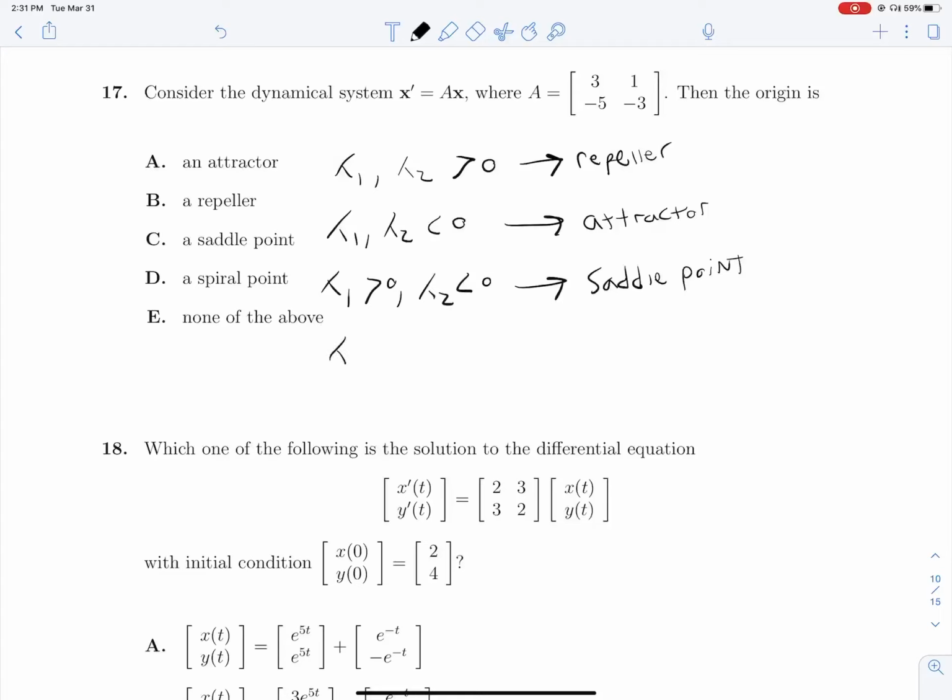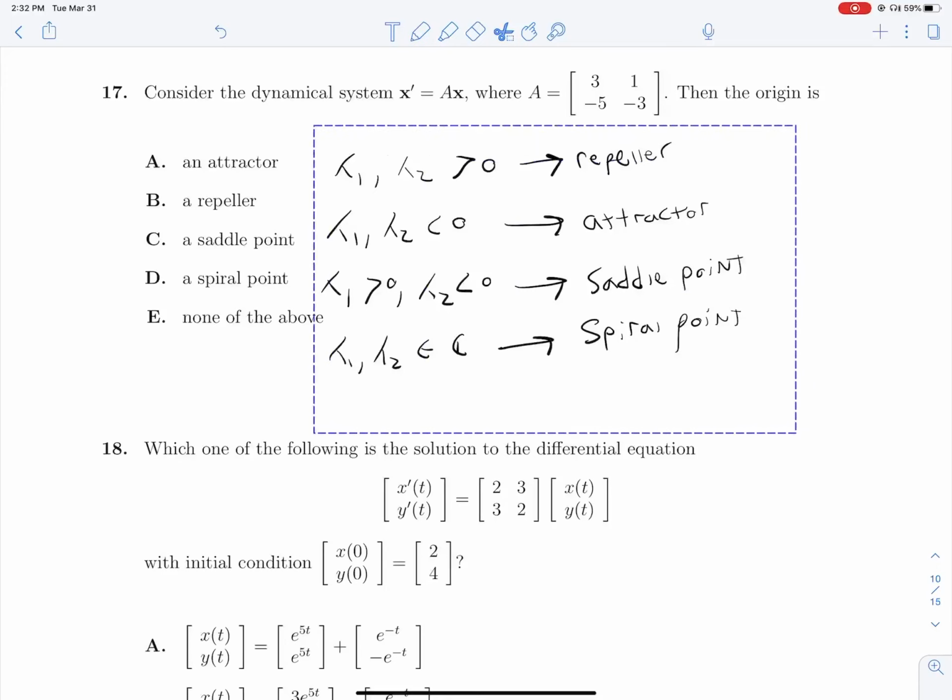And if lambda 1 and lambda 2 are purely imaginary, and really this isn't saying purely imaginary, this is saying they're complex, but you get what I mean. If they're both only composed of factors of i, then the origin is a spiral point.